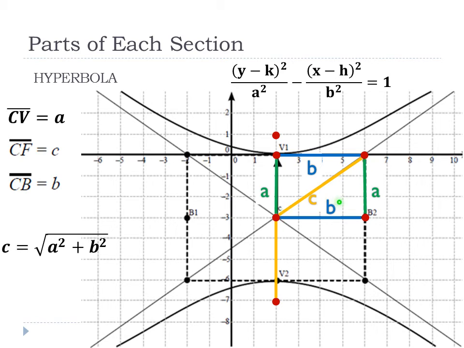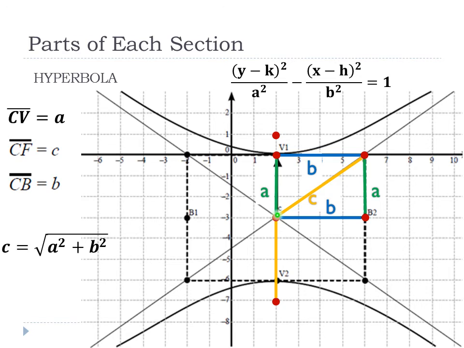So I have b and a, and so c is equal to the square root of a squared plus b squared. Okay? So as you can see, none of these facts or terms changed. What changed is where we put a and where we put b.